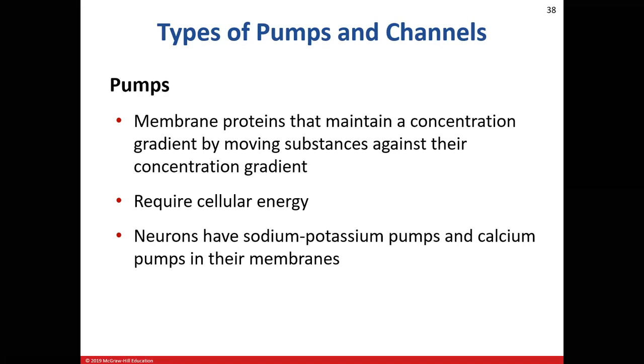Because of this, it requires cellular energy, and neurons have sodium-potassium pumps as well as calcium pumps in their membranes. Again, we have to rebalance our sodium and potassium after an action potential, but we also have to repump calcium ions, helping to balance out their concentration gradients as well.